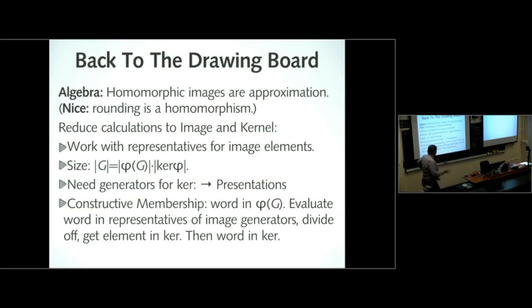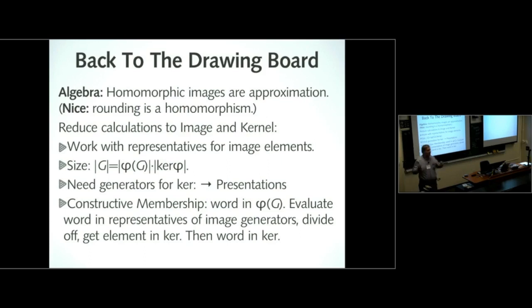One of the basic ideas in algebra is to look at structure preserving maps, homomorphisms. We can look at homomorphic images as approximations of a structure. And the nice thing in algebra is that approximation is a homomorphism. So all the trouble other approximation ideas like numerical analysis have with error propagation, we don't need to worry about.